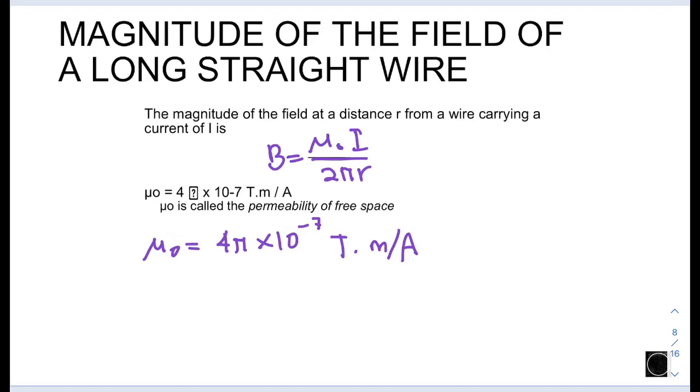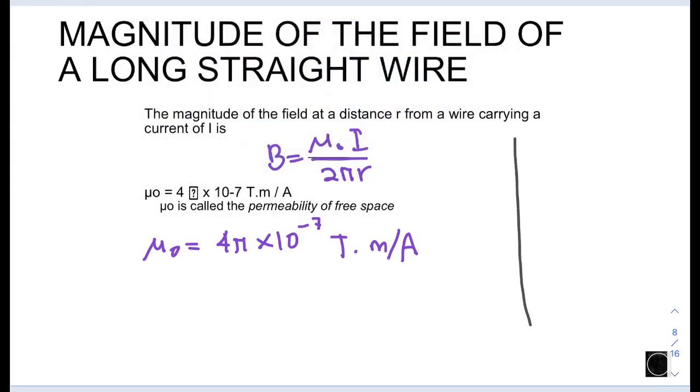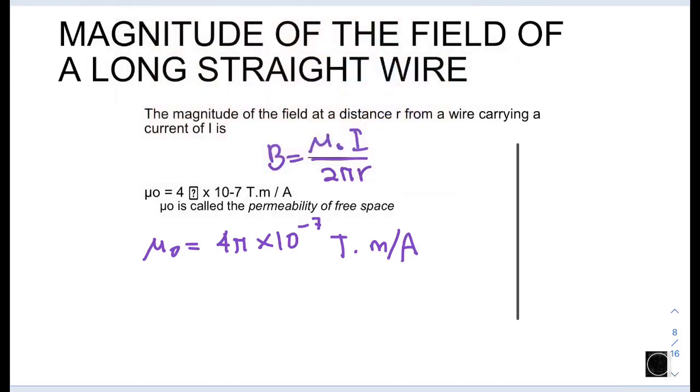So what does this equation mean? It means that B is inversely proportional to the distance from the conductor. Let's say you have a long straight conductor, and there is a current flowing within the conductor in this direction.